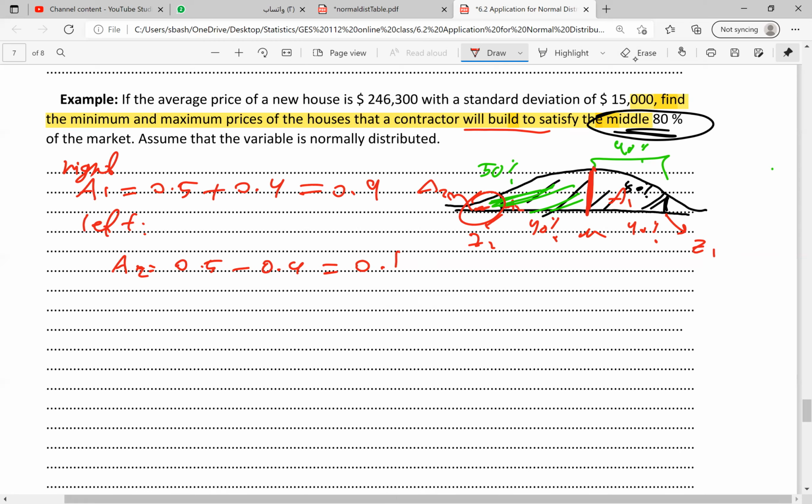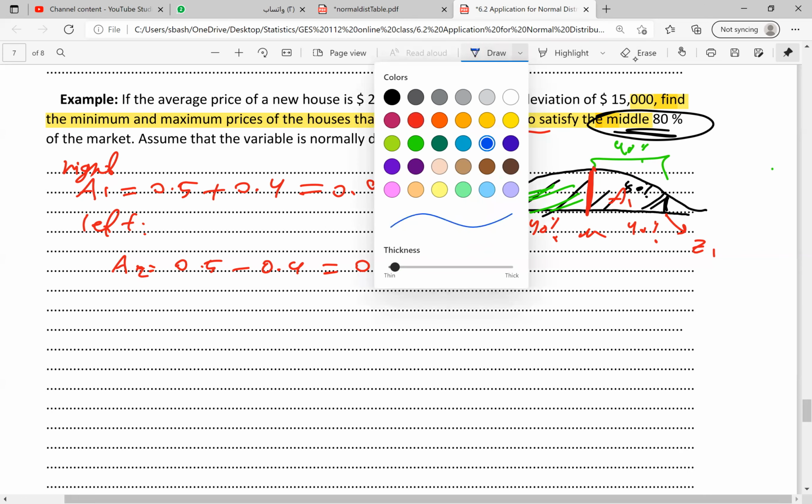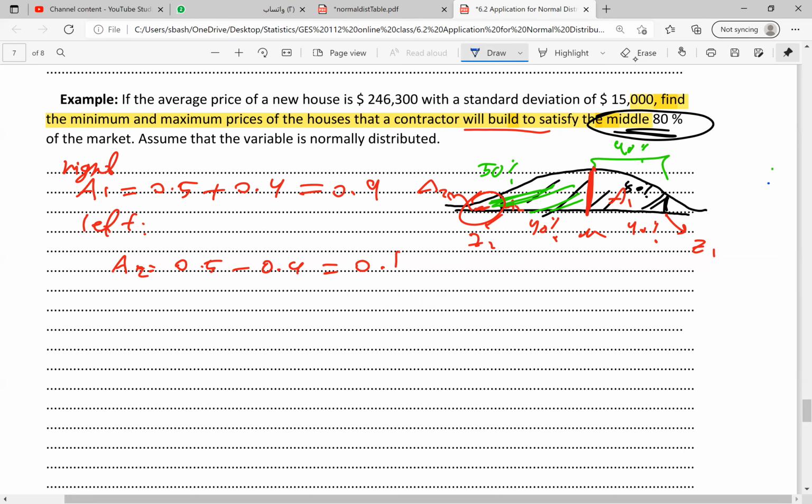Now I have two scores. I have 0.9. This will give me Z1 equal to... Check this in the table.